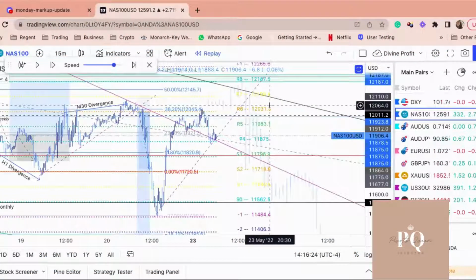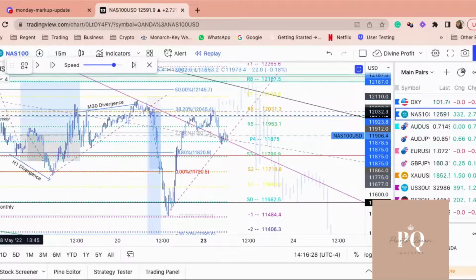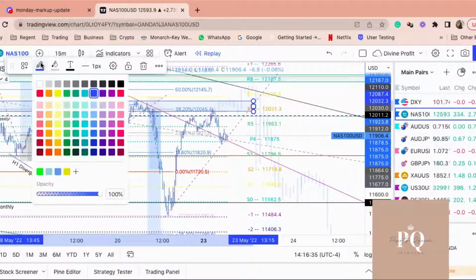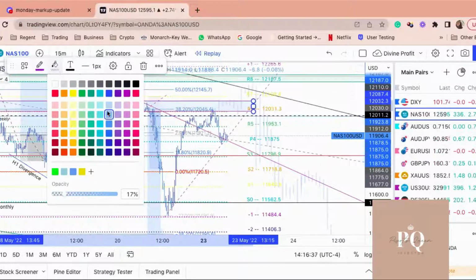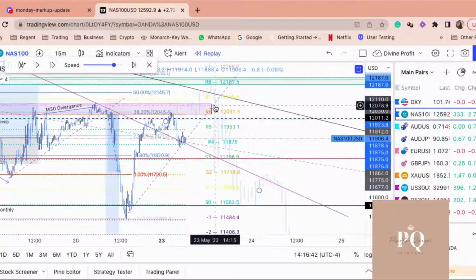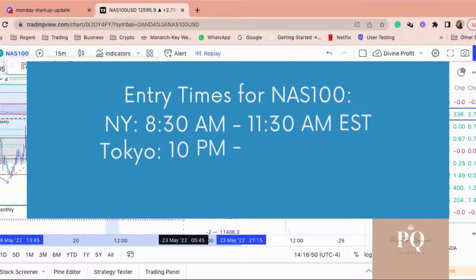I'm on the 15-minute. I'm also going to draw a new zone, and I'm going to make this purple because it is a minor zone. I usually trade NAS or look for trades for NAS around 8 or 8:30 in the morning.